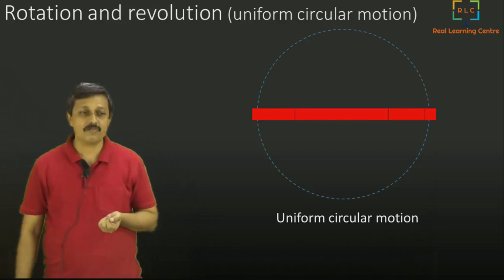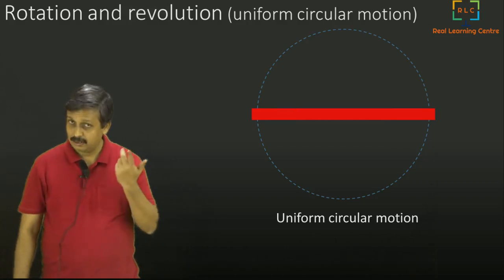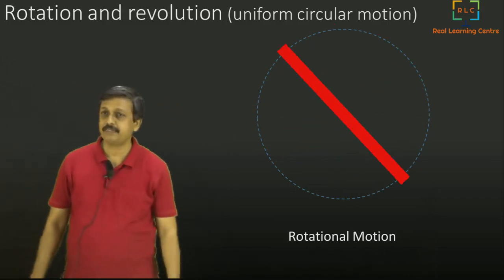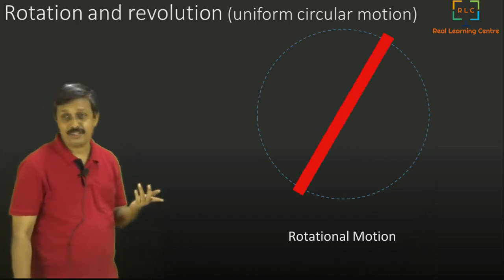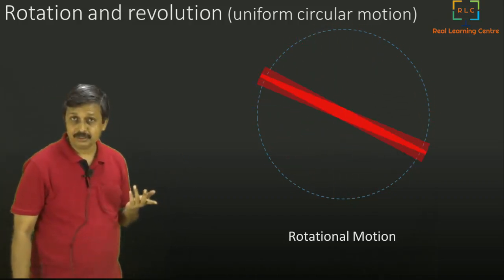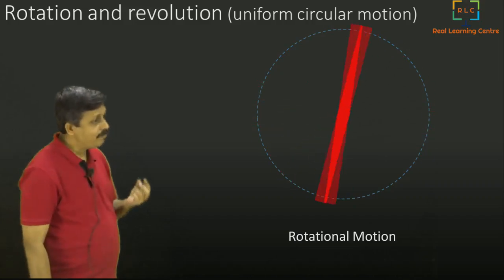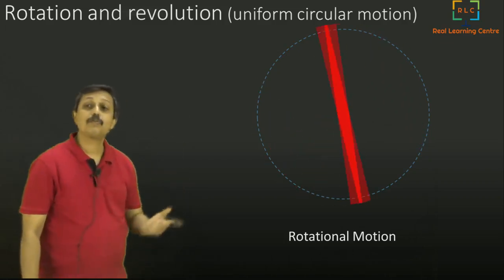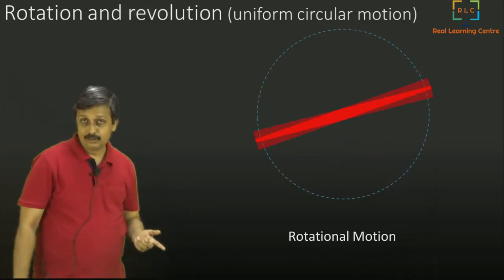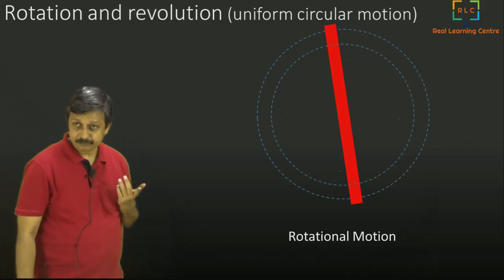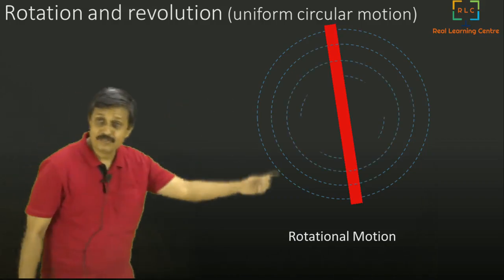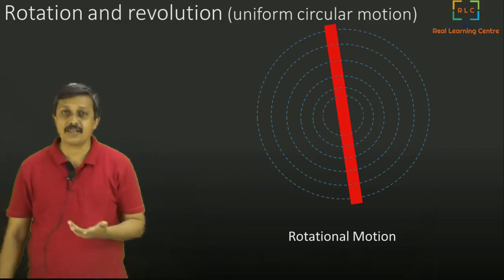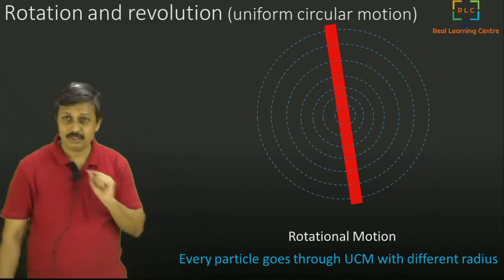And when we make this object go through rotation, like this, if you carefully watch, one of the particles at the edge is going through a circular motion. Another particle may be going through a circular motion of a different circle. Next particle, a different circle. So the radii of these circles are all different, though they are all concentric at the center.